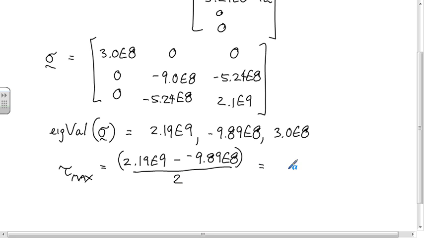And I think you get a value of 1.59 times 10 to the 9th. And so if you have a material that you expect to fail in shear, then you'd want to compare this value to what the allowable shear stress is.